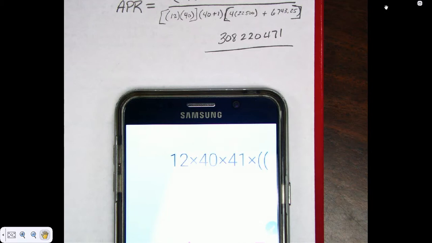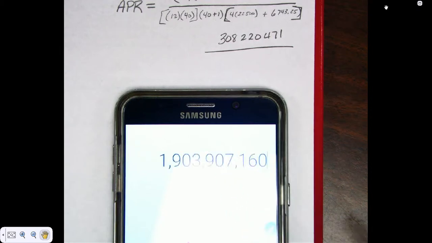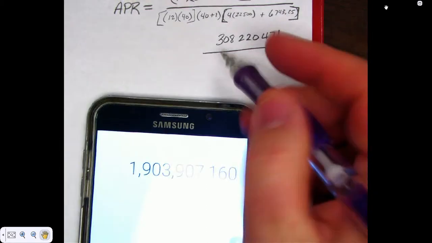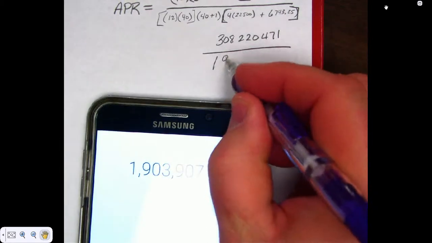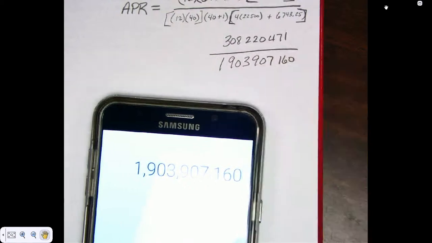So I'm going to go 4 times 22,500. And then I'm going to add that to 6,743.25. Close your parentheses. So I've got parentheses there, there, and then there. That all comes to 1,903,907,160. Isn't that fun?